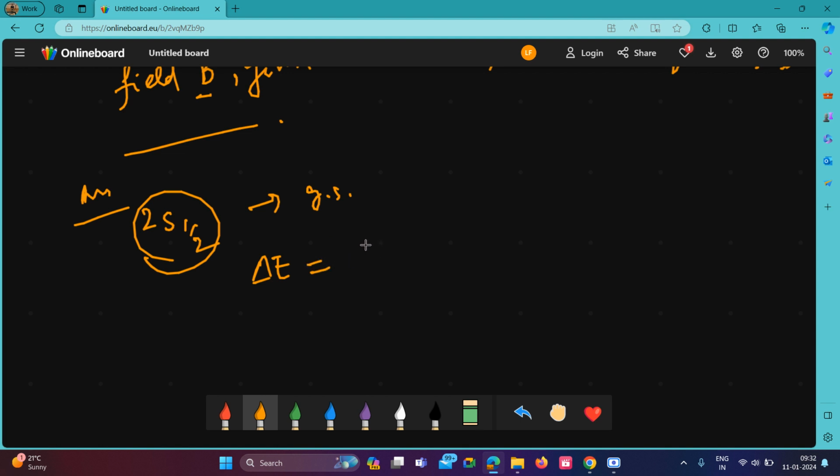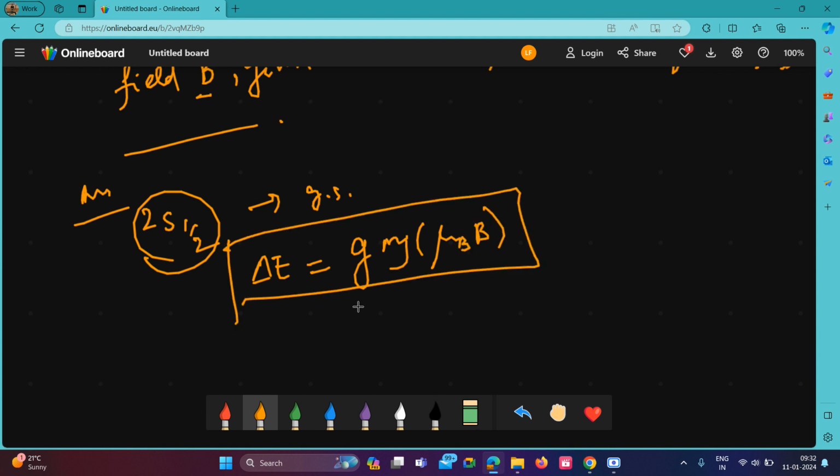We know the formula for the energy shift is G Mj mu B B. Remember this. For 2S half, J is half, so Mj will have two values: half and minus half.